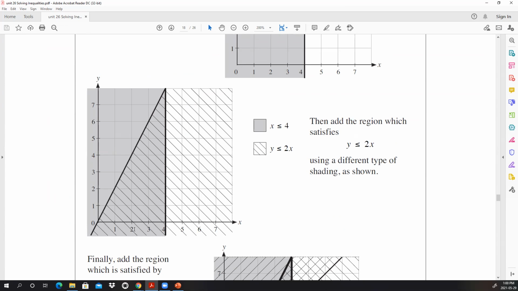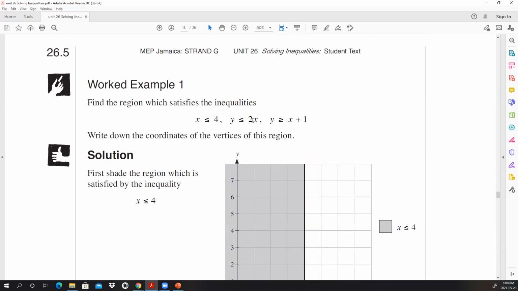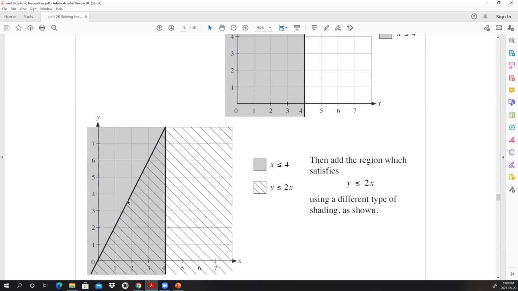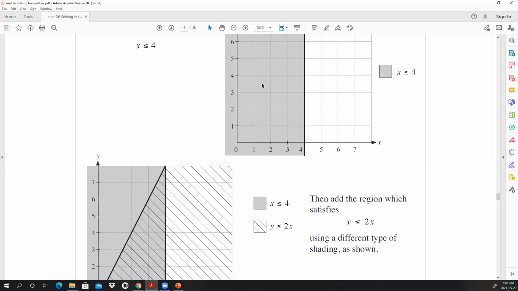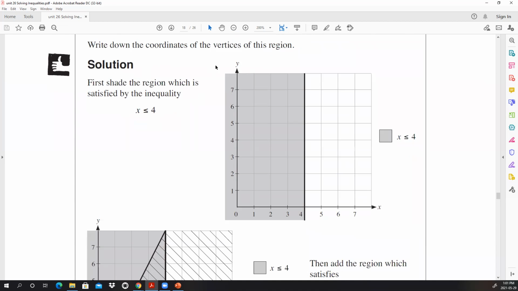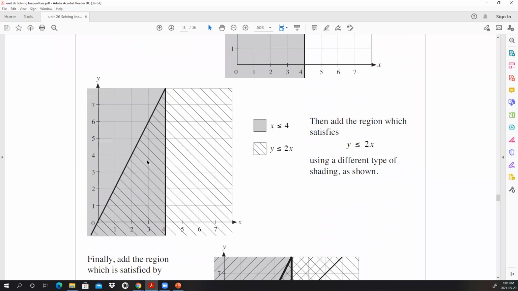So if you choose 2 points, say here and here, if you put x equal to 3, then you have 2 times 3, which is 6. Let me go again, 3, 4, right? So 6 would be greater than 4. So definitely this side would be the shaded side, right?